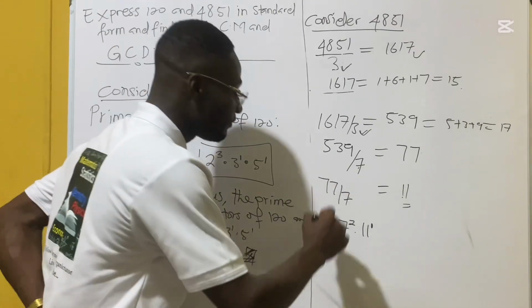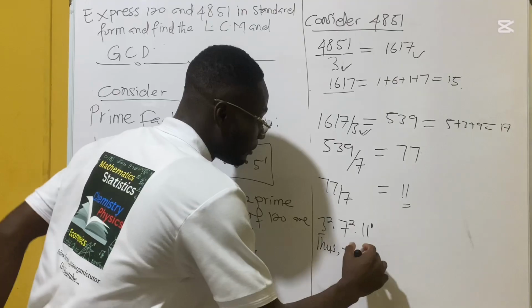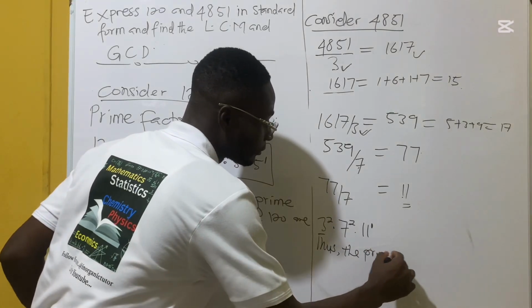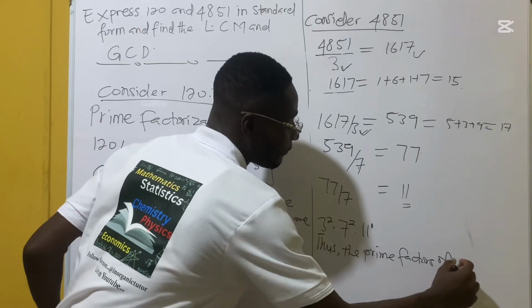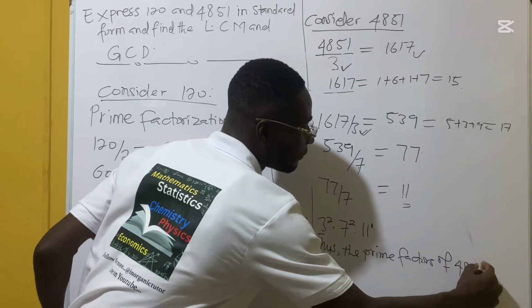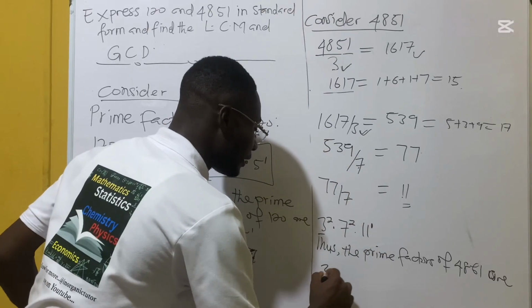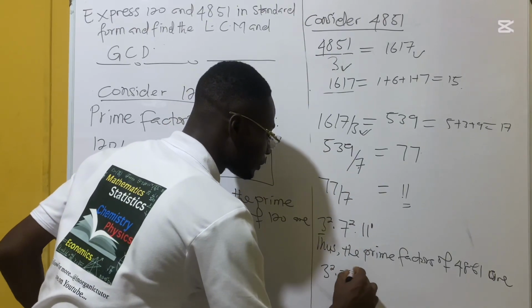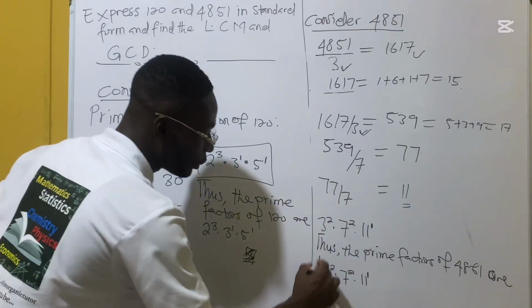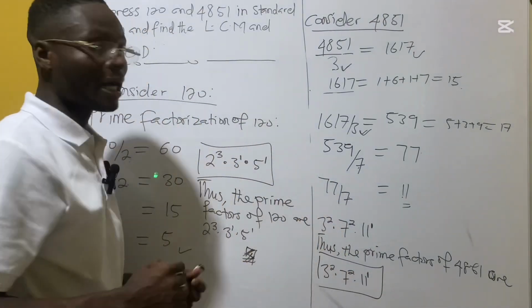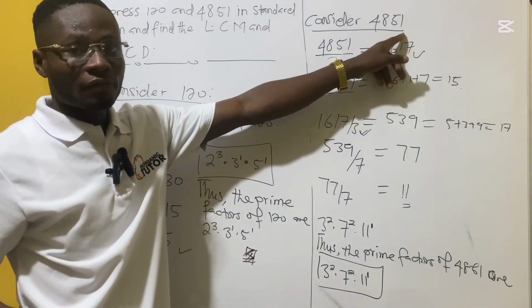So the prime factors of 4851 are 3 squared times 7 squared times 11 power 1. So this becomes the prime factors for 4851.